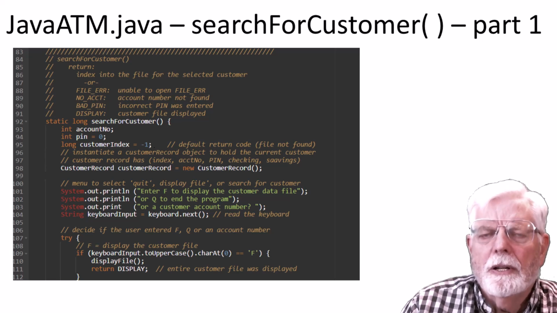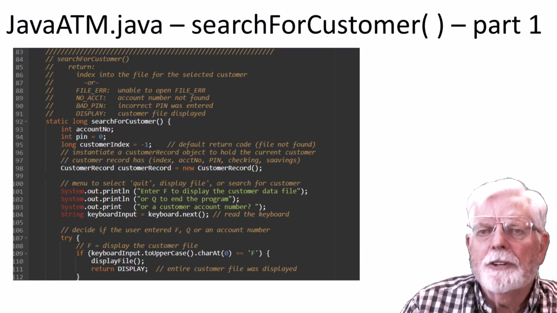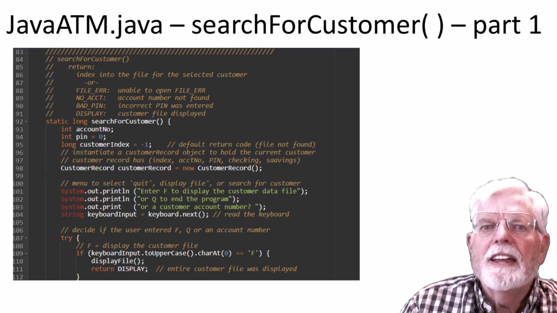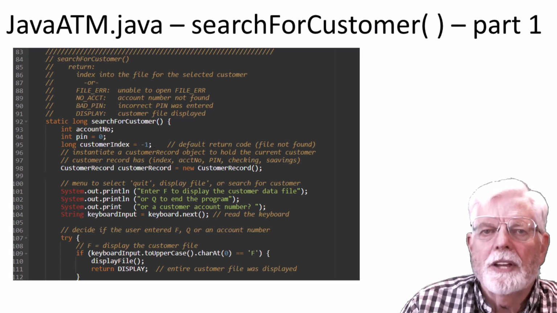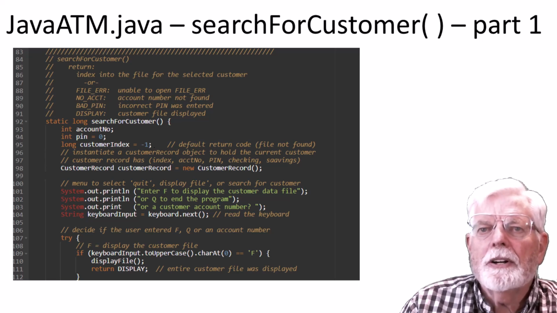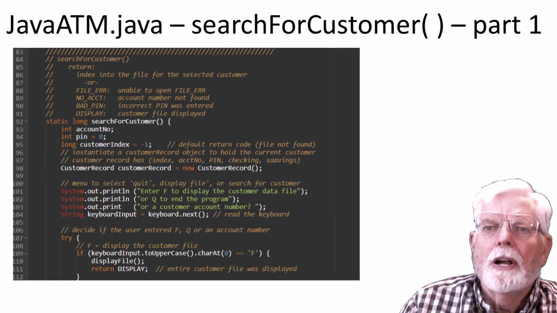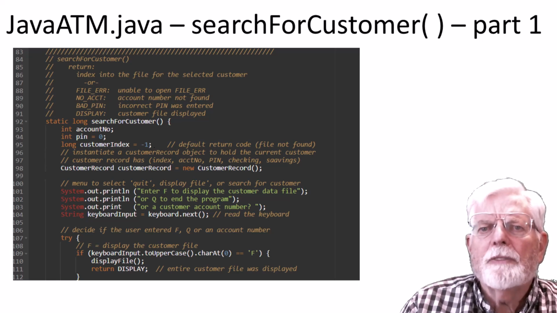customerRecord = new CustomerRecord(); Instantiate a customer record object, starts with a lowercase c, from the CustomerRecord class definition, starts with an uppercase C. If a customer is found, the object will hold all the information about a customer, including checking and savings balances.